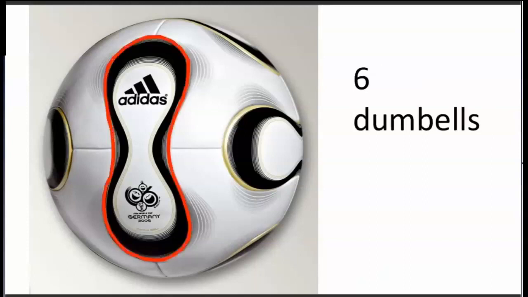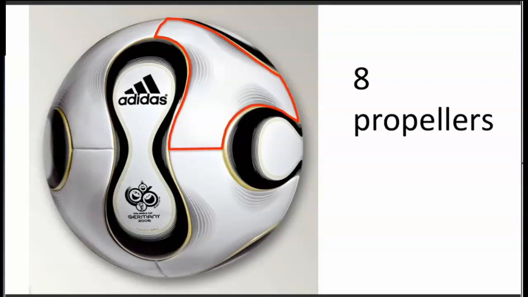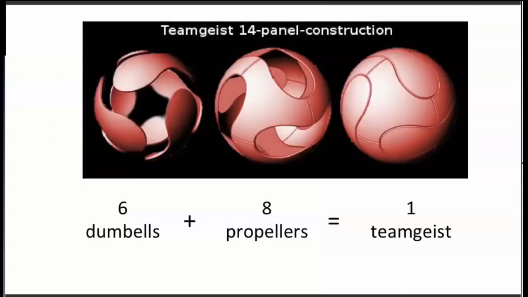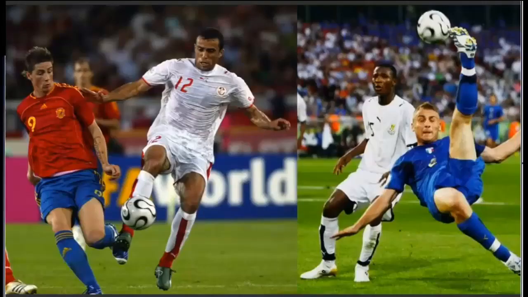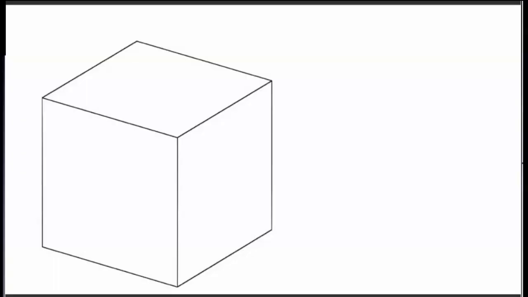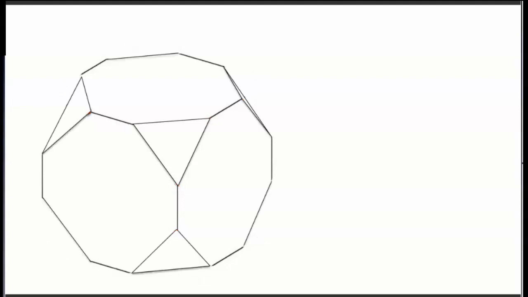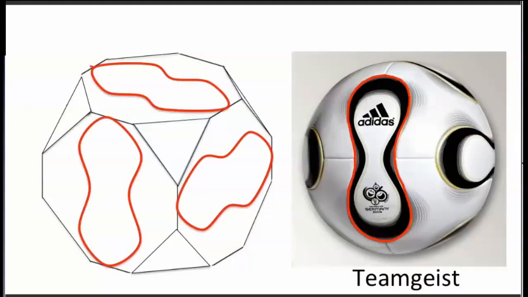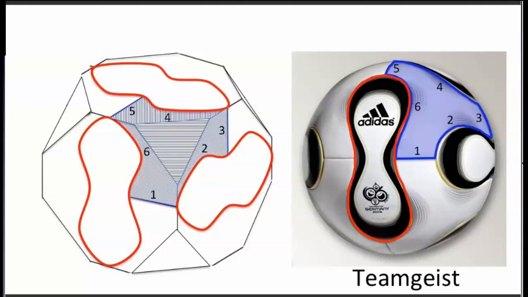It has 6 dumbbell-shaped panels and 8 propeller shapes. Unlike the Telstar's panels, which are stitched together, the Teamgeist panels are thermally bonded. This ball received criticism because of its erratic flight. How is the Teamgeist made from a platonic solid? Start with a cube. Like before, pick a corner, divide the connecting edges into thirds, then slice off the corners. Doing this to each corner produces the truncated cube with 6 octagons and 8 triangles. To get the Teamgeist, identify each octagon with a dumbbell-shaped panel and each triangle with a propeller shape. Reshaping the panels and inflating it produces the Teamgeist.